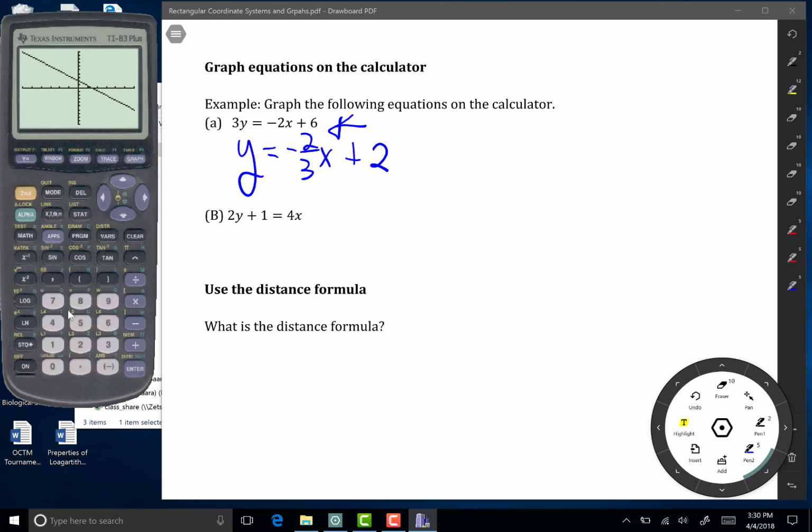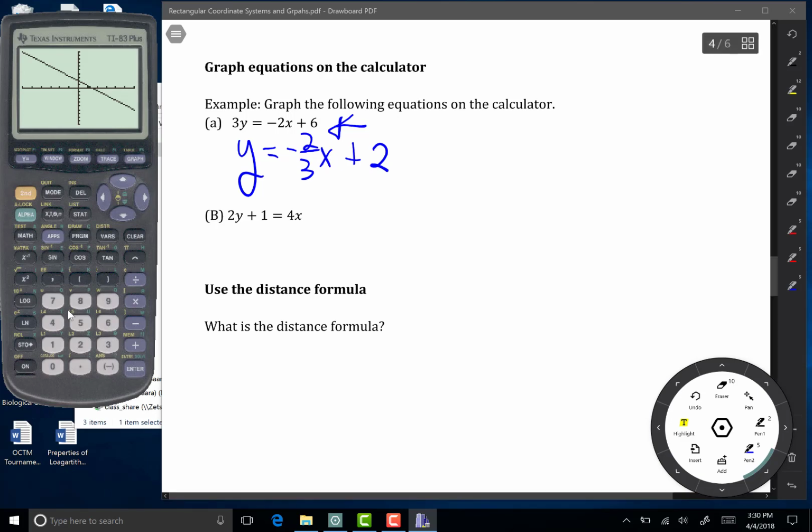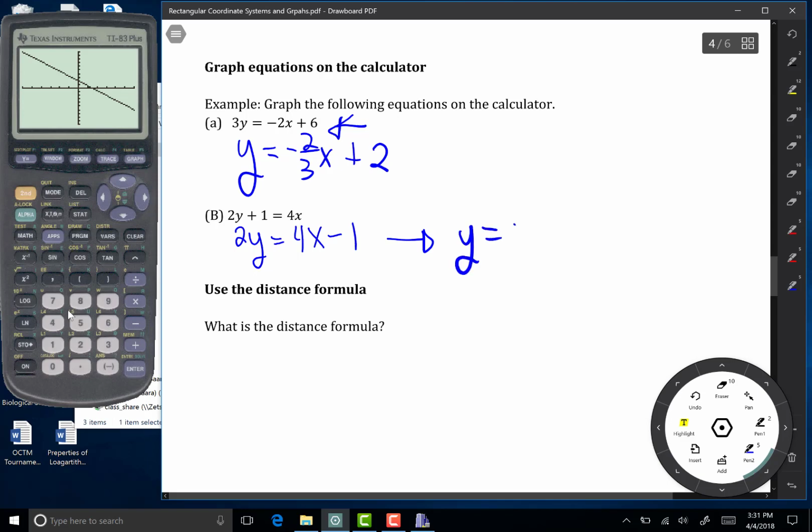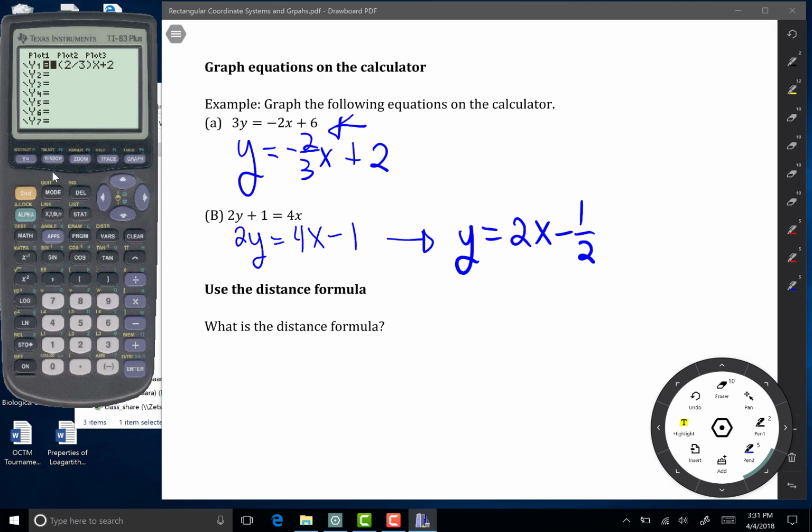We have to first solve this for y so we can plug it in on the calculator. So I'm going to subtract 1 from both sides. And then I'm going to divide by 2. So I have y is equal to 2x minus a half. So I'm going to go back to my y equals.